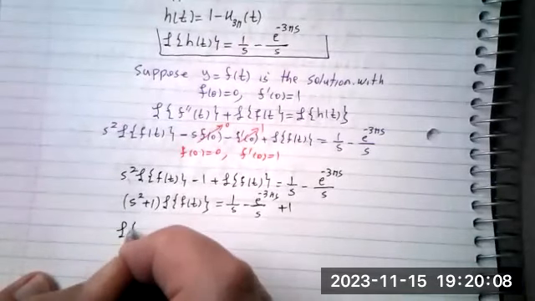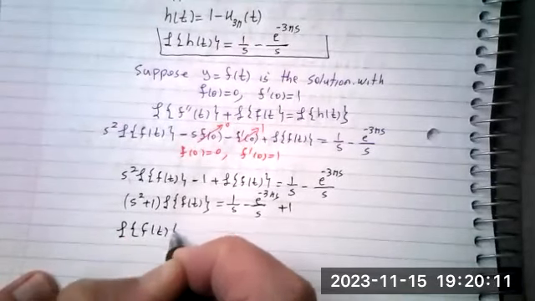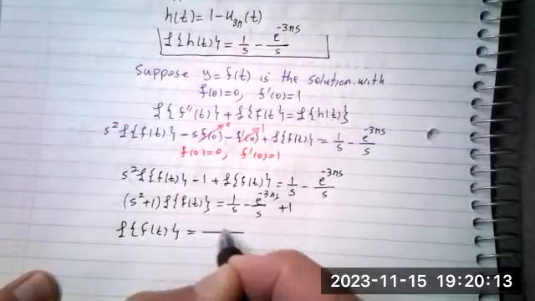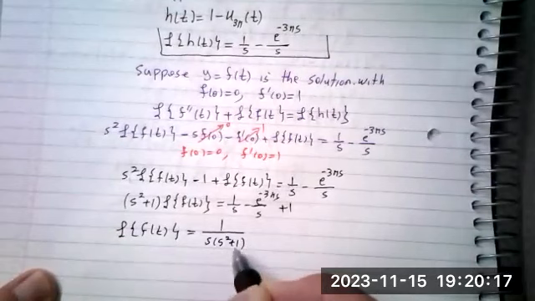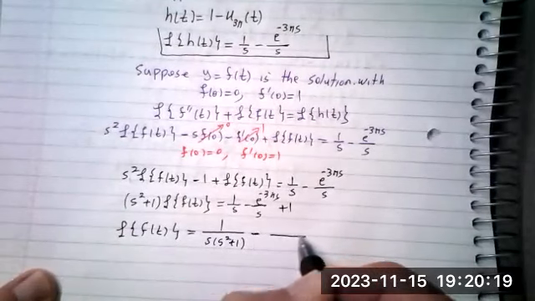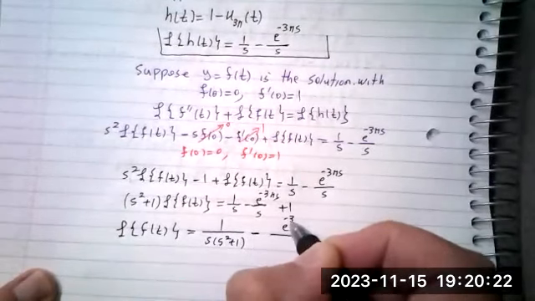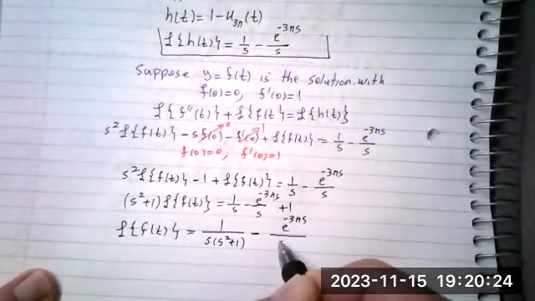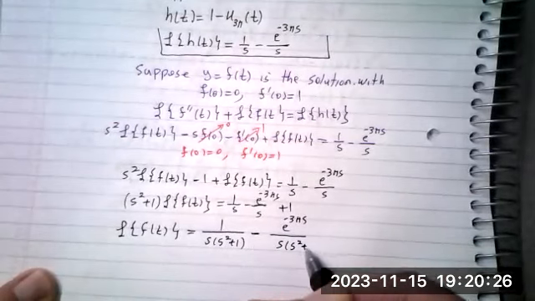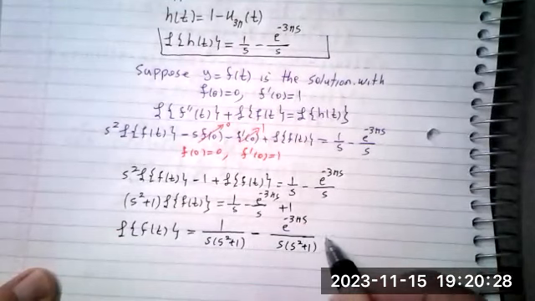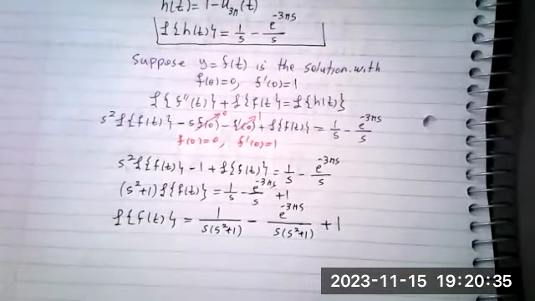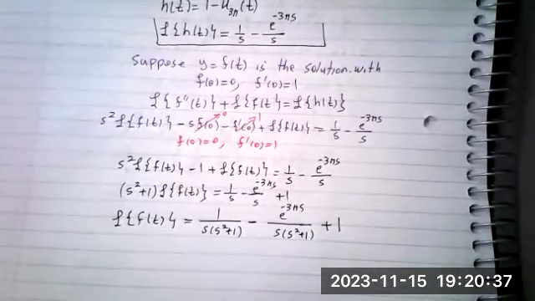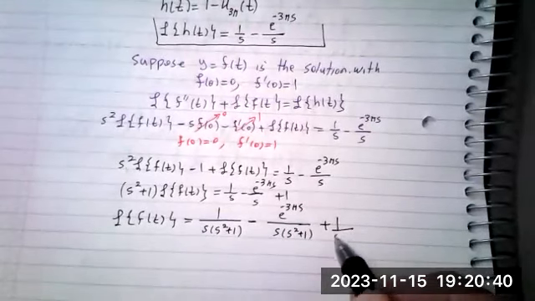So the Laplace of f of t is equal to 1 over s times s squared plus 1, minus e to the negative 3 pi s over s times s squared plus 1, and finally plus 1 over s squared plus 1.